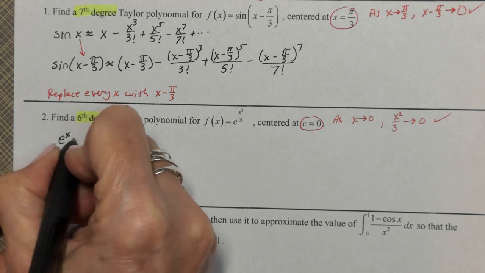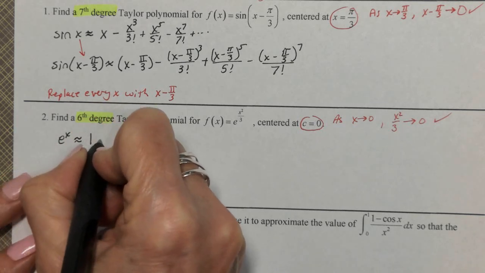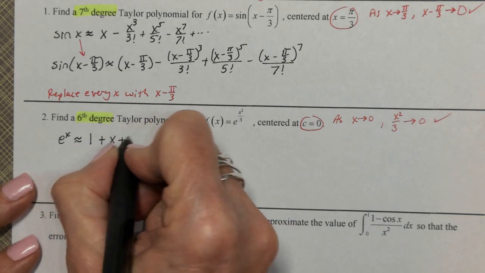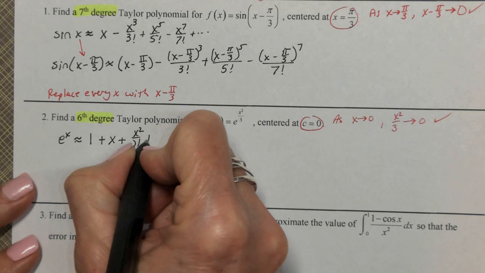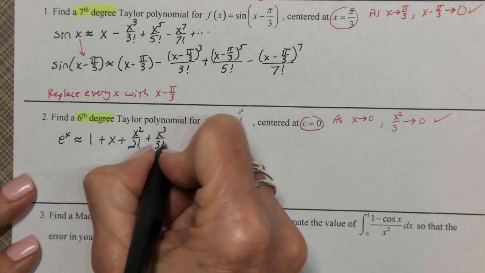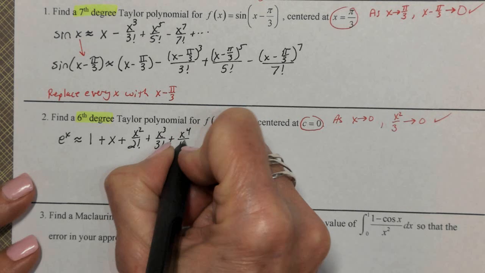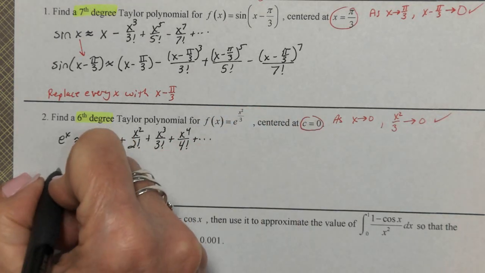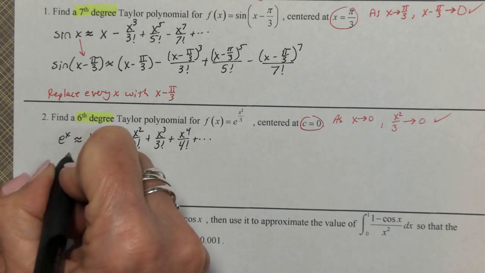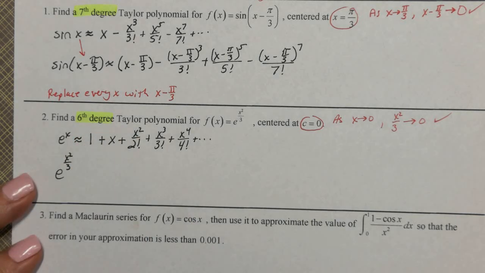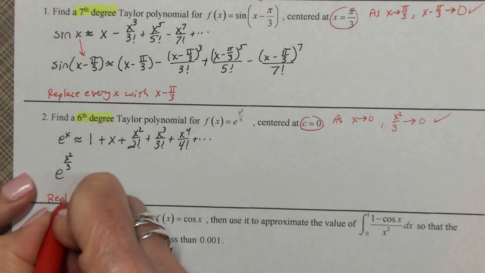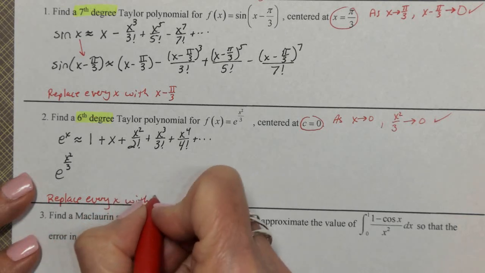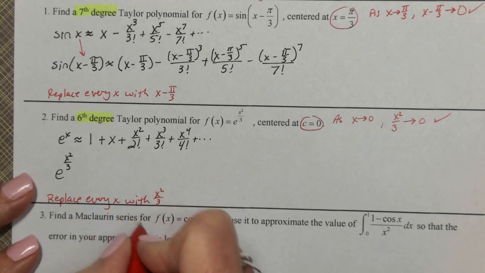So e to the x starts with 1 and is always positive. The next term is x, and then x squared over 2 factorial, x cubed over 3 factorial, x to the 4th over 4 factorial, and it keeps on going forever. Okay, we want e to the x squared over 3. So we will replace every x with x squared over 3.